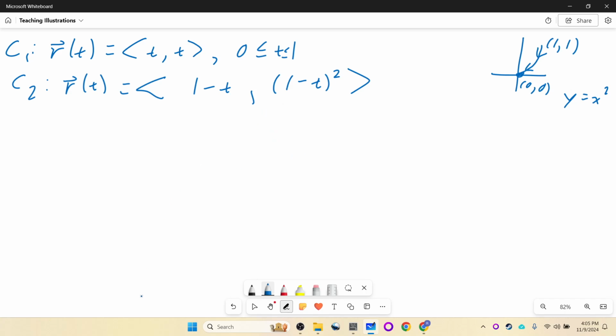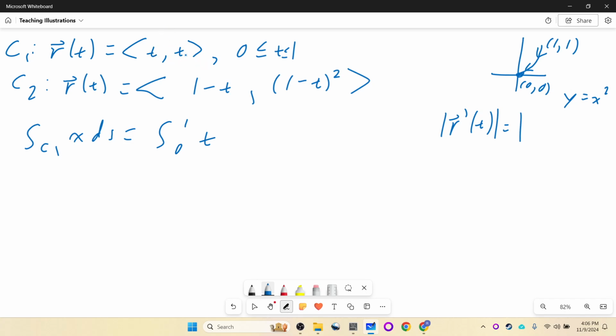So now we were evaluating the function x ds. The integral along C1 of x ds would equal the integral from 0 to 1 of, so x is equal to t, and then we need the length of r prime, which would be 1, 1.